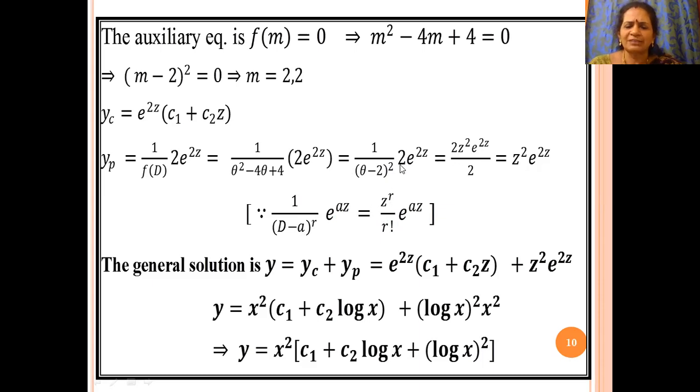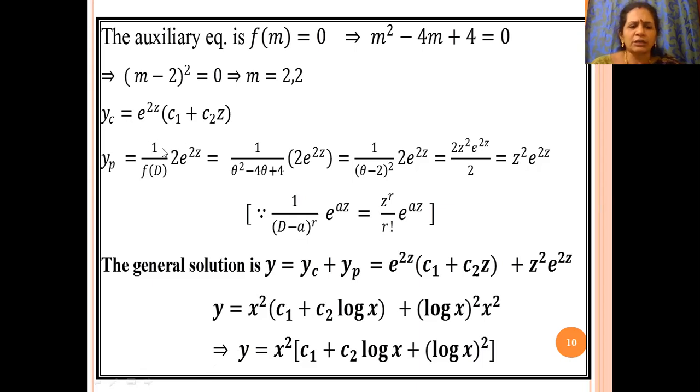So 2 as it is, into z square by 2 factorial into e power 2z. The 2 gets cancelled, giving z square into e power 2z. Okay. So therefore the general solution is y is equal to yc plus yp. So substitute the yc value and yp value, then we'll get the general solution of the given differential equation.